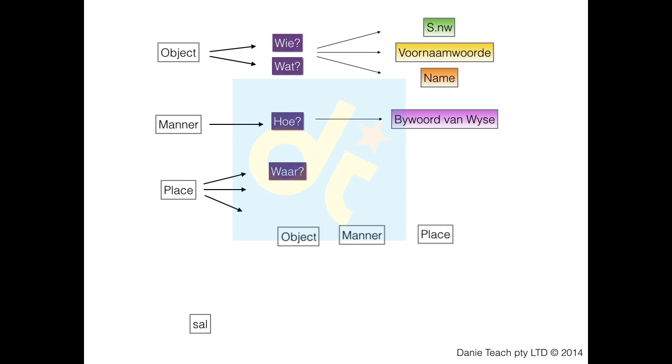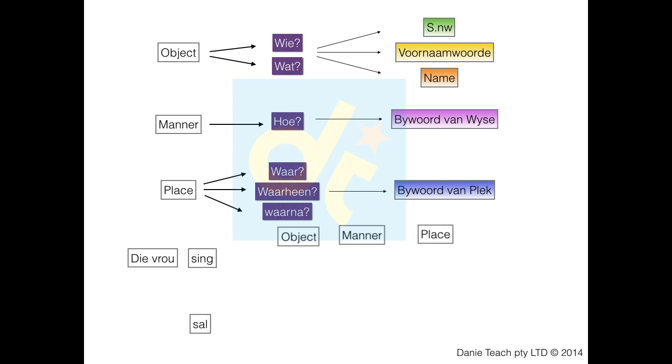It either means where or where to. Where are you going to, or where did you go to? It's the same. Waarheen, waarna, waarna toe. Those ones are all the same. As long as there is waar in those three, then you'll be able to kind of identify the place in your passage or in your sentence. And this obviously points to adverb of place.